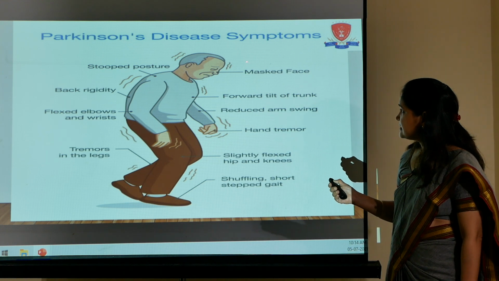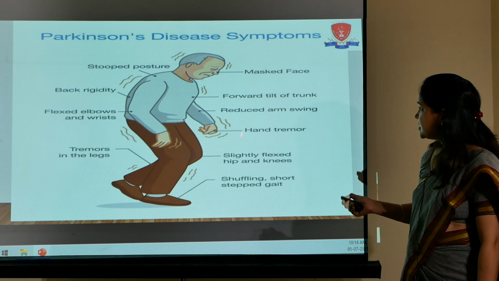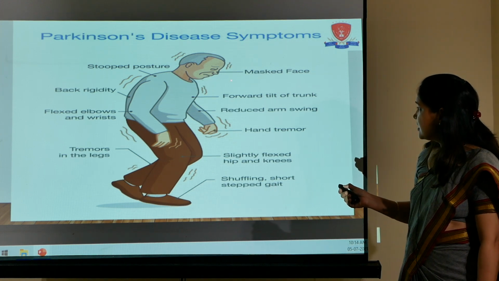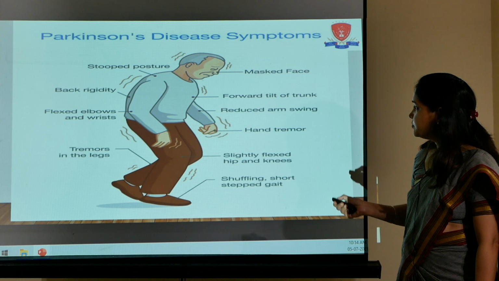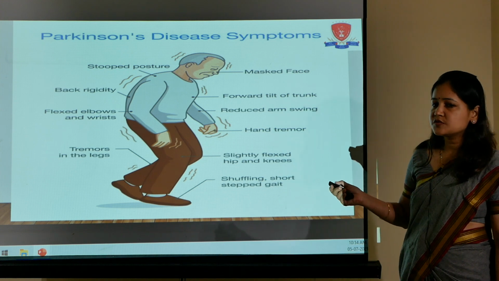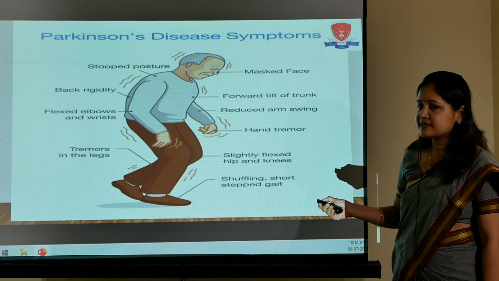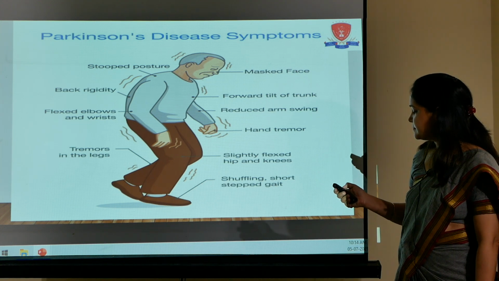There is an increase in acetylcholine activity and a decrease in dopaminergic activity, which is seen as symptoms like mask-like face, stooped posture, tremor, pill-rolling tremors, and difficulty in movement. So all these are the symptoms of Parkinson's. The most important symptoms of Parkinson's disease are hypokinesia, rigidity and tremors.